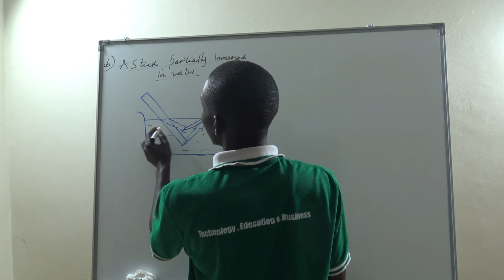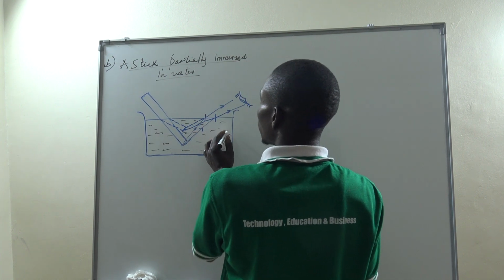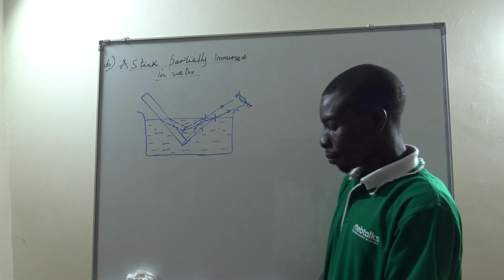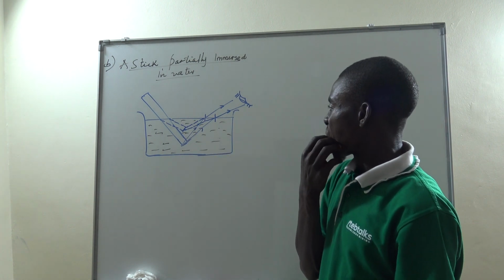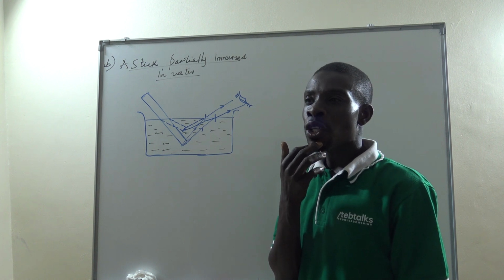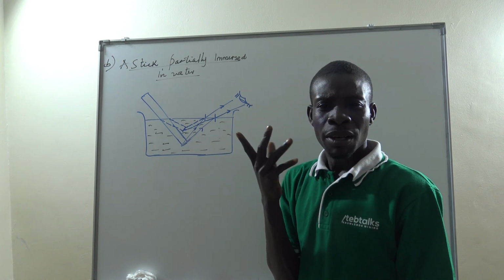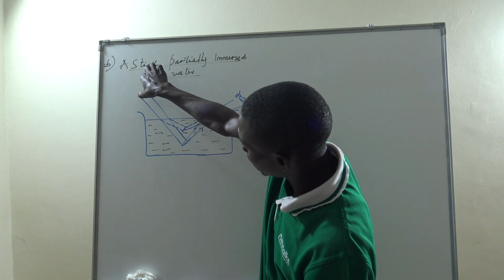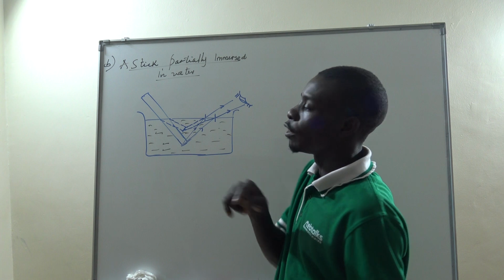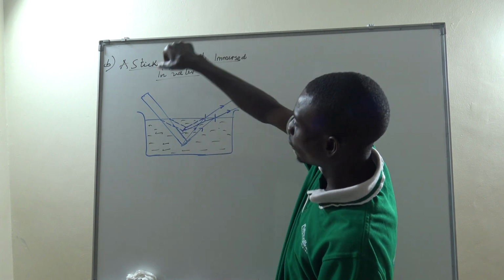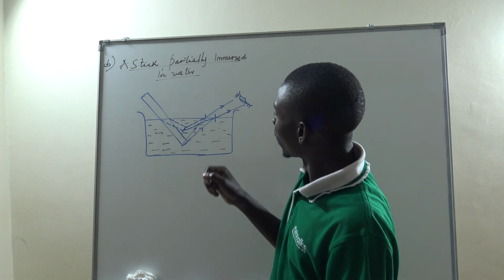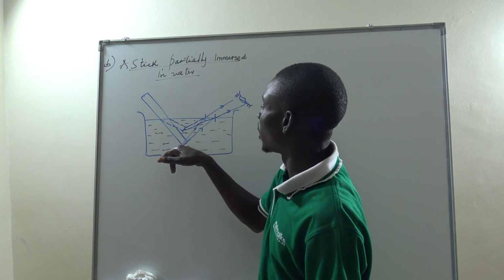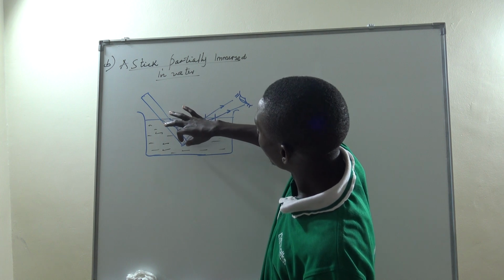That what happened is, if you put a stick in a slanting format or a ruler, anything in liquid, if you look at it, you look at it as if it is bent. But what happened is that when you put this stick in a slanting, specifically slanting, if you put it vertically, you will not see it. If you put it slanting, light rays from the tips in water here will move into your eyes.